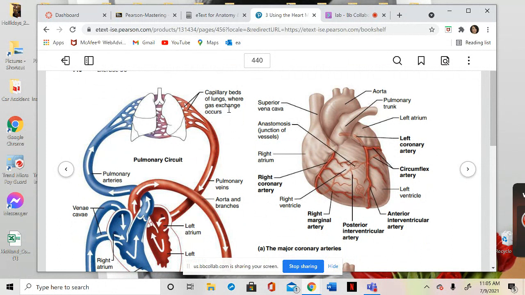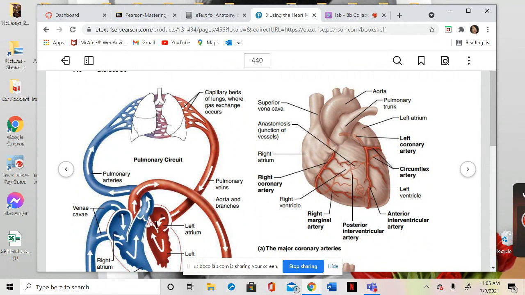The right side, the blue color that you are seeing here, the right side of the heart pumps blood that is very poor in oxygen, and it enters its chamber through the vena cava, the superior and inferior vena cava, and it unloads the carbon dioxide and picks up the oxygen.